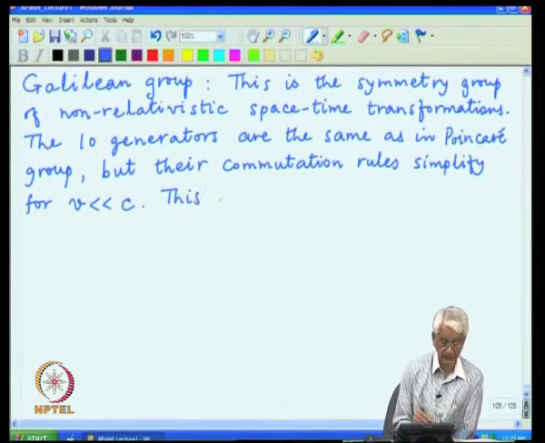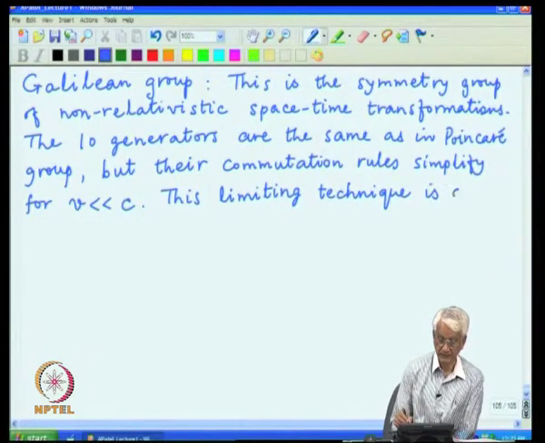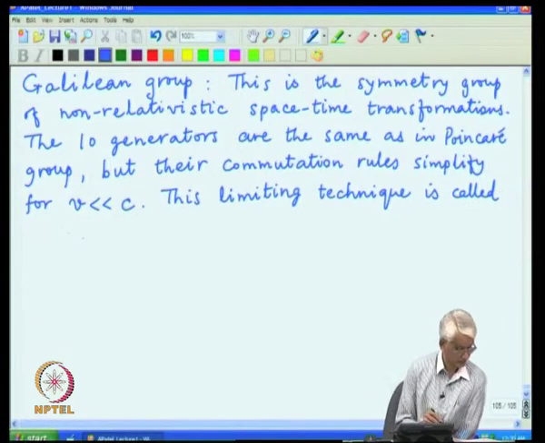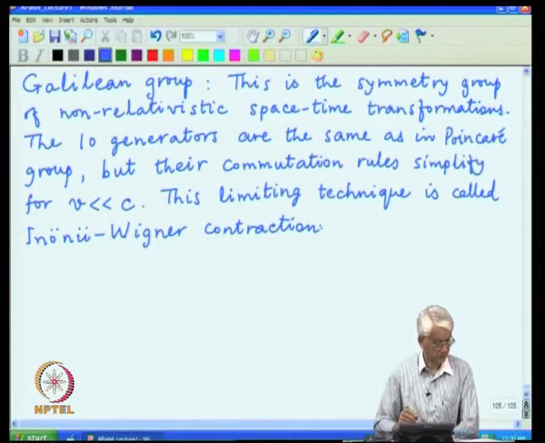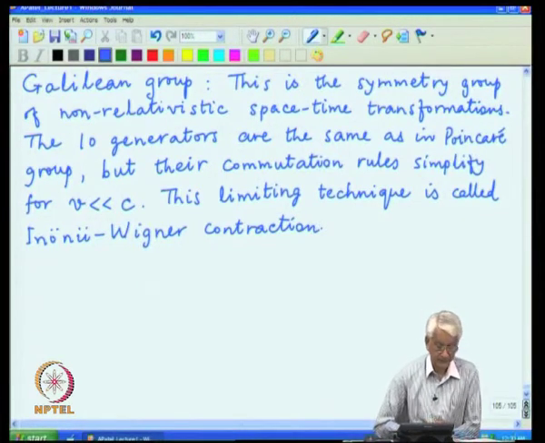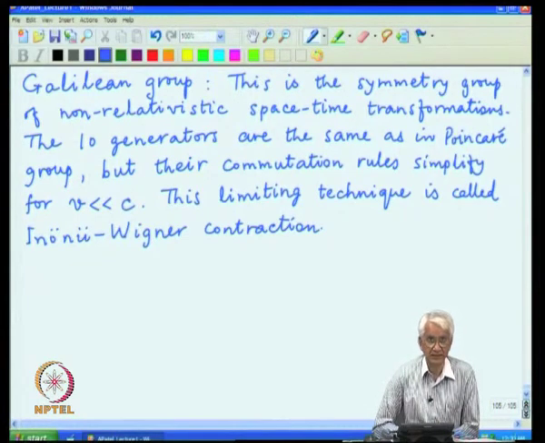This limiting technique is called Inonu-Wigner contraction. What it does is essentially power counting.